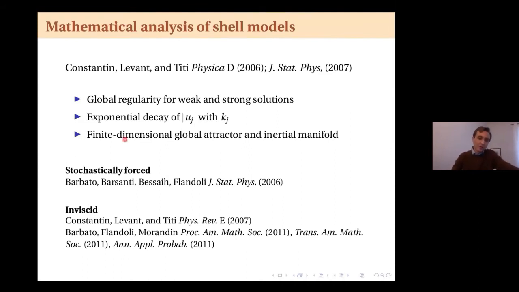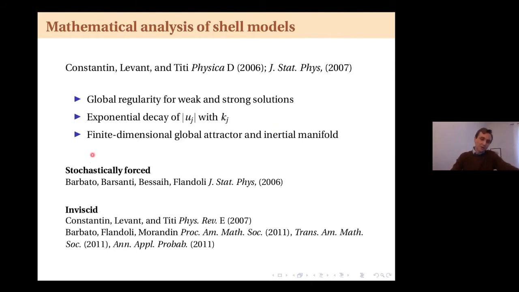Another thing proved in those papers is the existence of a global attractor, the dimension of which was estimated with lower and upper bounds, and the existence of an inertial manifold, which, as Idris reminded us last week, means that the dynamics of the system can be described by a finite number of variables.